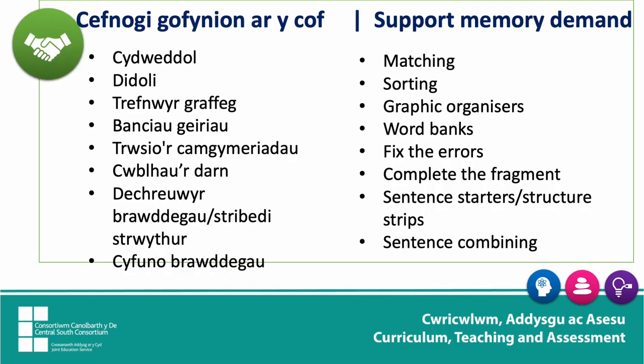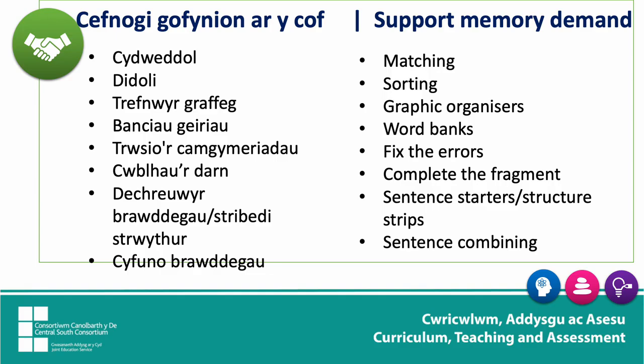And then supporting memory demand. So here we want to think about some of our scaffolding. And these are some ways that you can scaffold without necessarily creating loads and loads of paperwork and paper resources for yourself. So it could be things like matching or sorting, because you're having to critically think about the information in front of you, and it's about actively engaging with it.